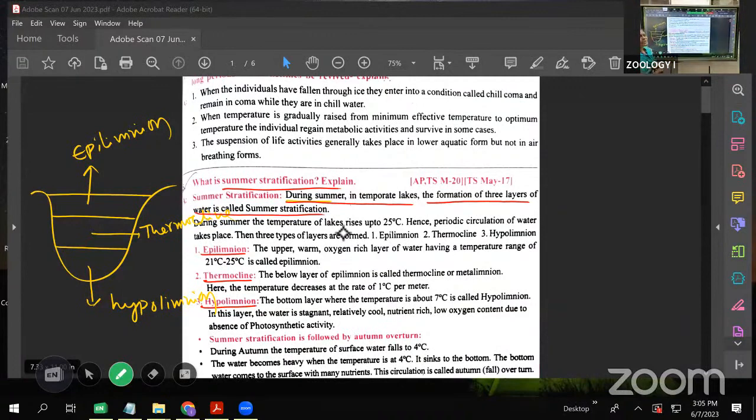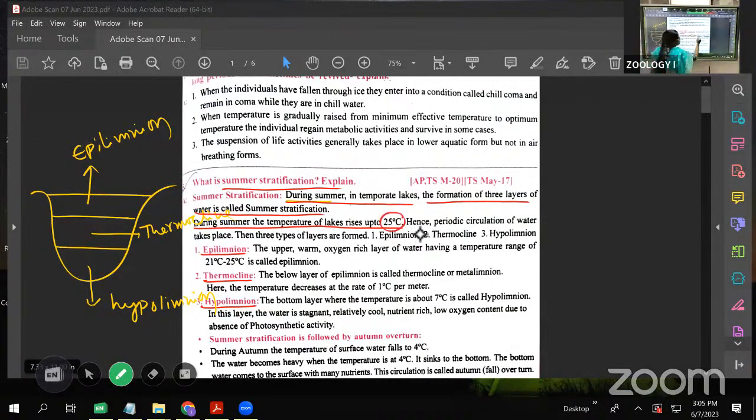In the temperate region, in the lakes, the water is divided into layers, that we call summer stratification. During the summer, the temperature of the lakes rises up. All of you know, in summer season the temperature rises. How much? The temperature will be 25 degrees centigrade.